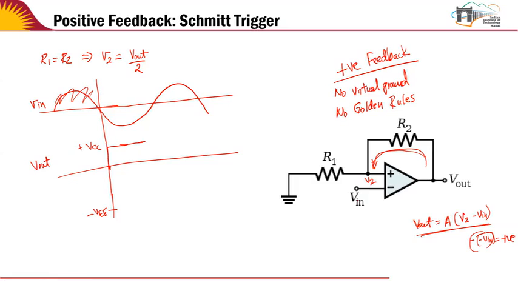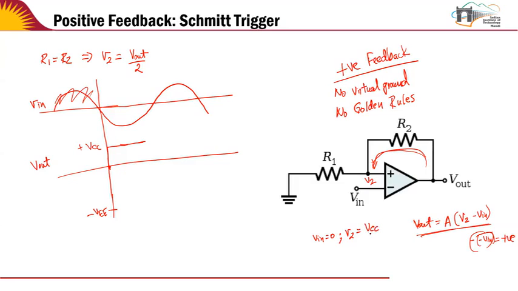Now what happens when the input goes to 0? When Vn is 0, the output is already positive. So V2 is equal to what?